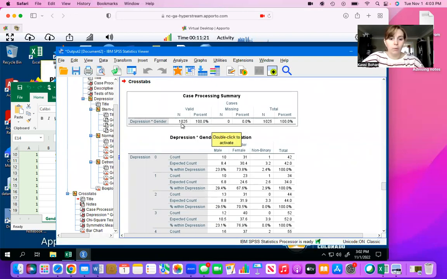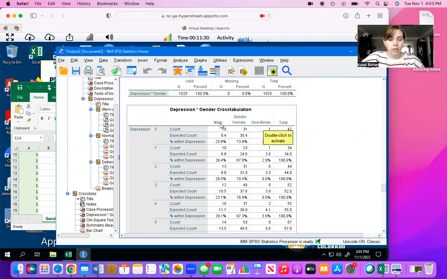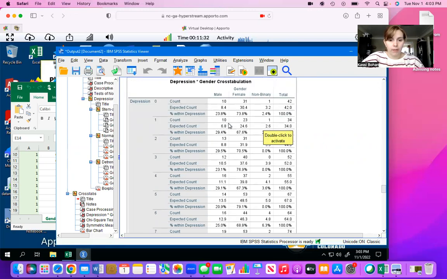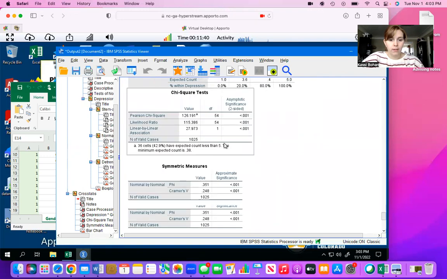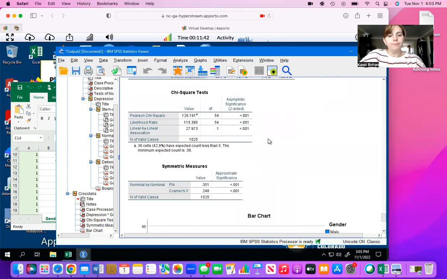So once again, our subjects, we had 1,025. We have 0 missing information. Looking at it, we found that we have a set number of individuals in each of our cross tabulations. This is what we're looking for.